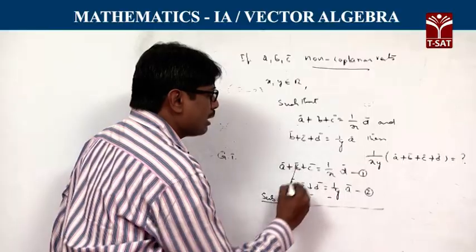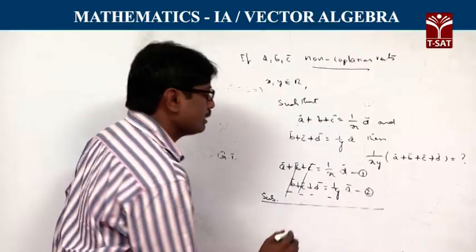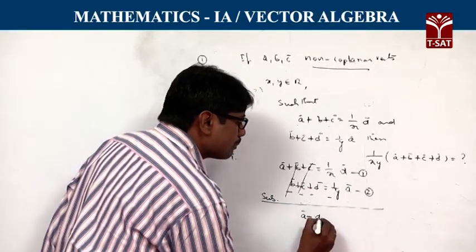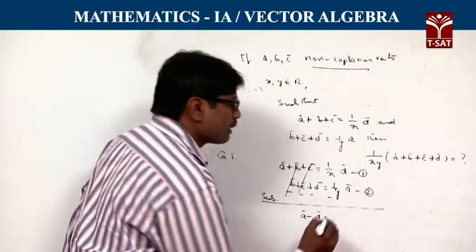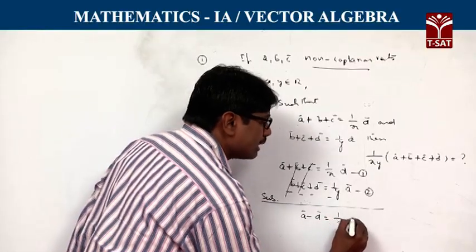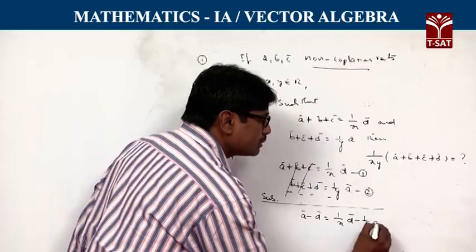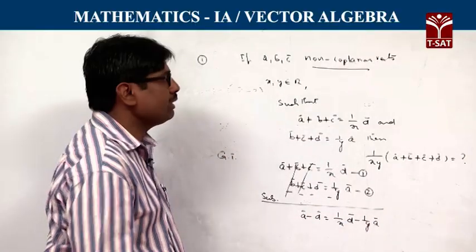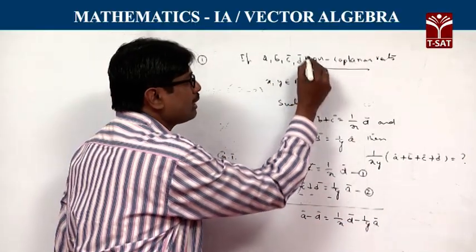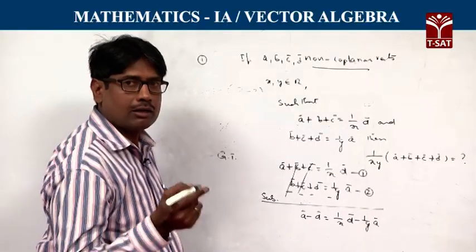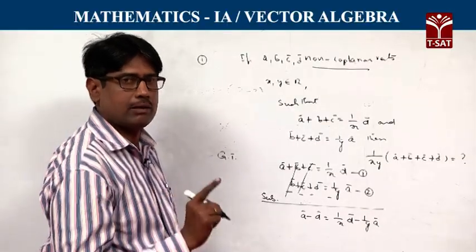b bar, c bar cancel, and a bar minus d bar is equal to 1 by x times d bar minus 1 by y times a bar. Non-coplanar vectors are linearly independent.